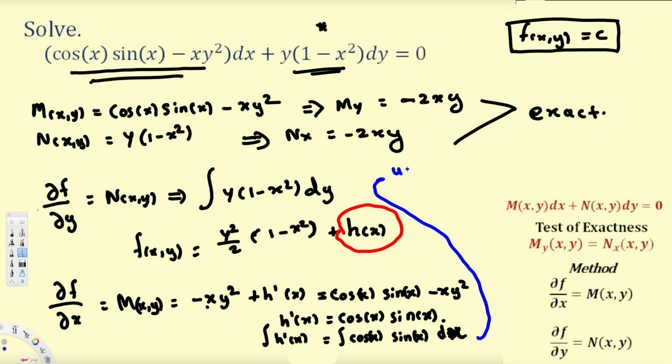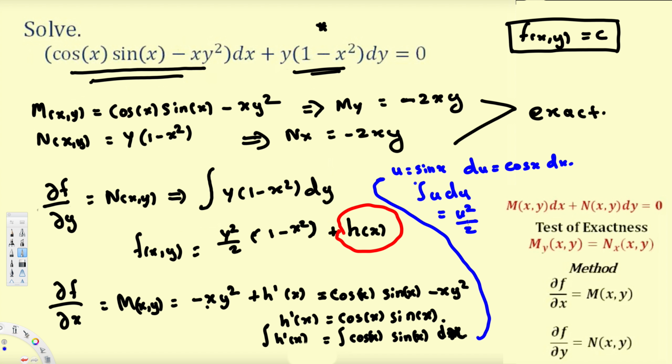Let's pick u as sin x, and du is going to be cos x dx, and then we are going to have the integration of u du. So the answer is going to be u squared divided by 2 plus a constant, but here we can neglect the constant because finally we are going to equate everything to a constant, so we can combine whatever the constants are.